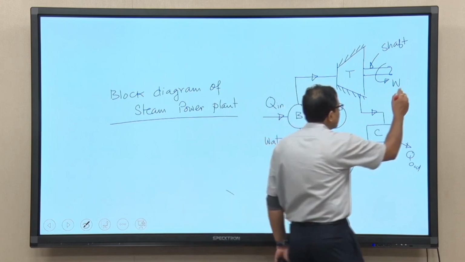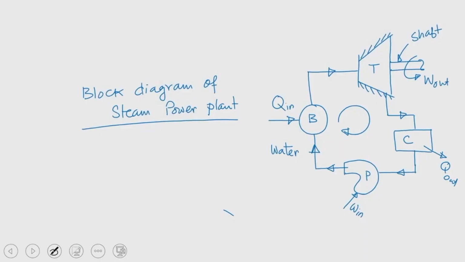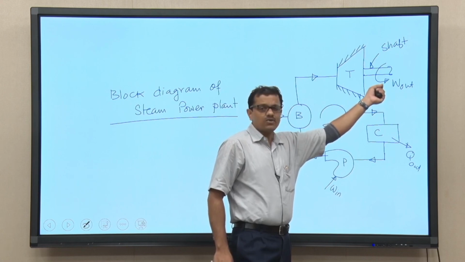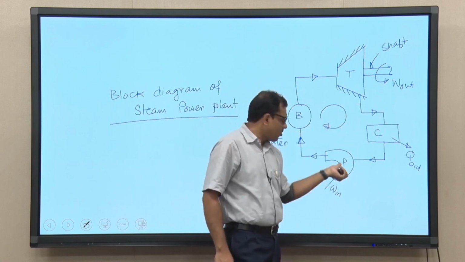So, this is W in and this is W out. The effective work output should be W out minus W in. This is the W out we are getting, but try to understand that a fraction of that work output will be required to operate the pump.